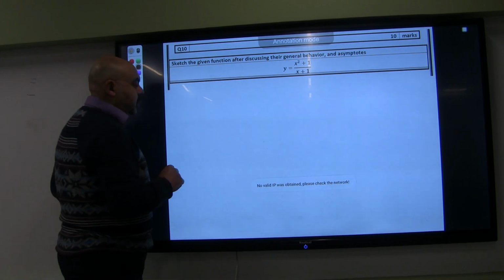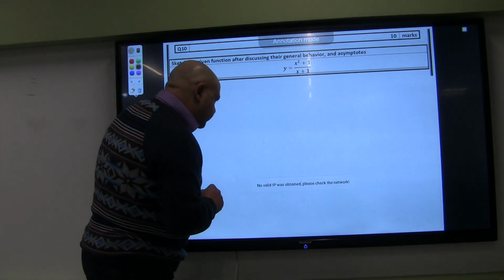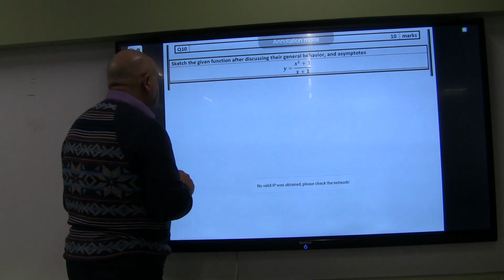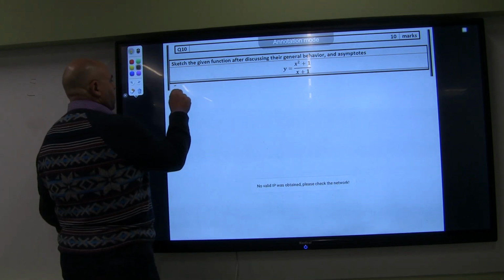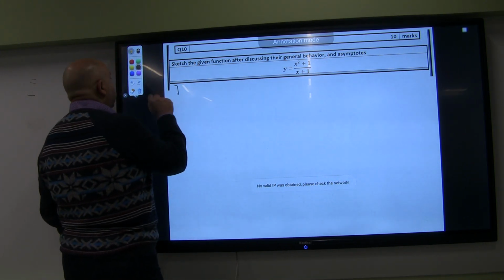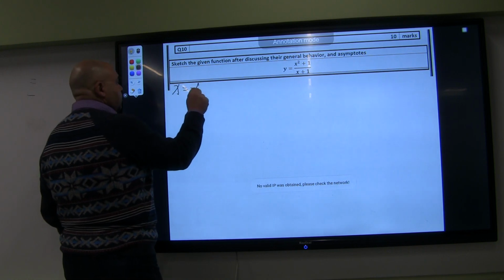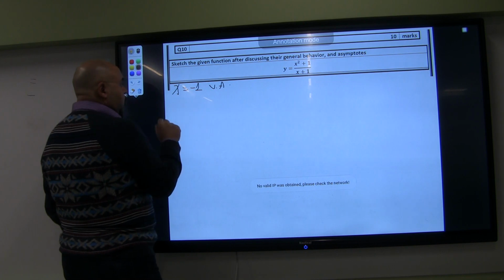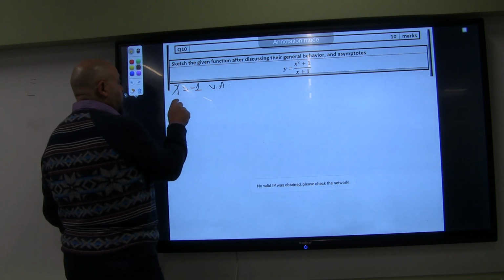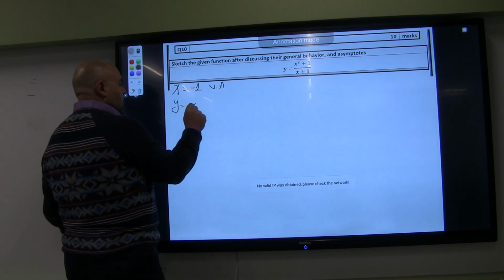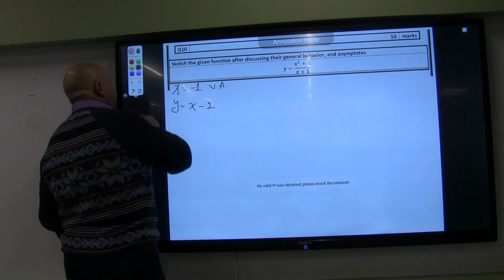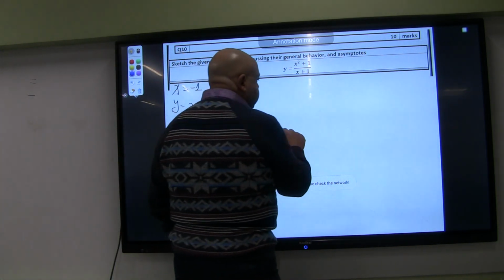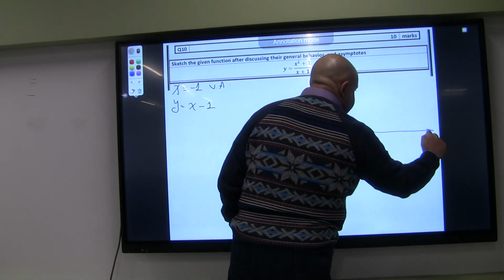As I told you once more, we already know the asymptotes. The asymptotes were at x equal to -1, which is a vertical asymptote, and we have our inclined asymptote, which was y equal x minus 1. All I have to do is to try to sketch the function.